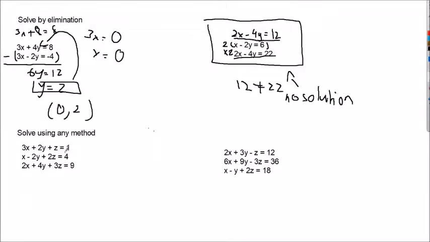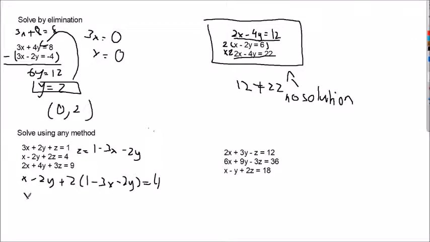So we're going to isolate z. We'll have z equals 1 minus 3x minus 2y. Now we're going to put z in the second equation. So x minus 2y plus 2 times 1 minus 3x minus 2y is equal to 4.